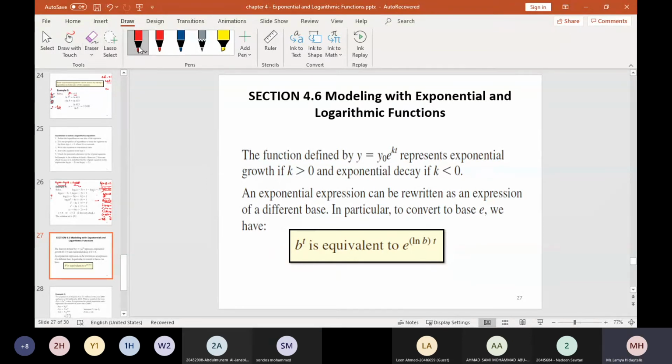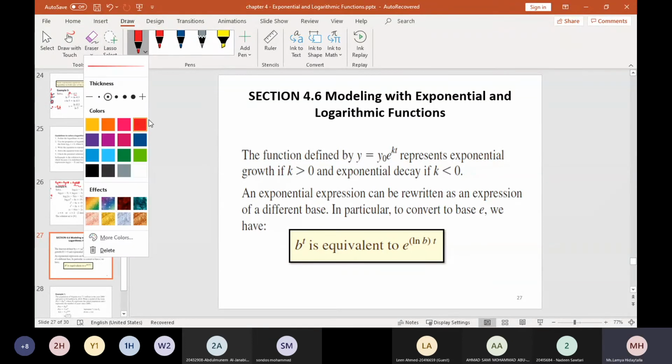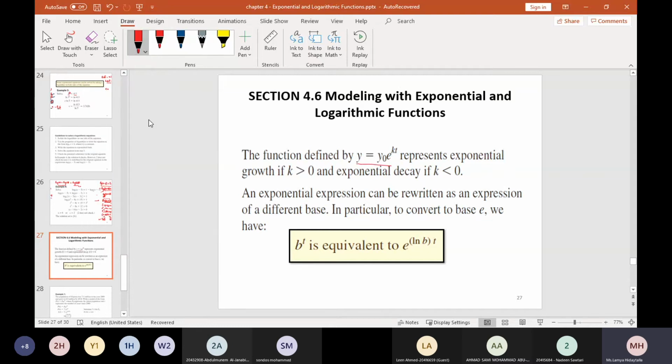Sometimes, if I have population growth, an increase in population from one year to another, we can represent it like that in some cases.